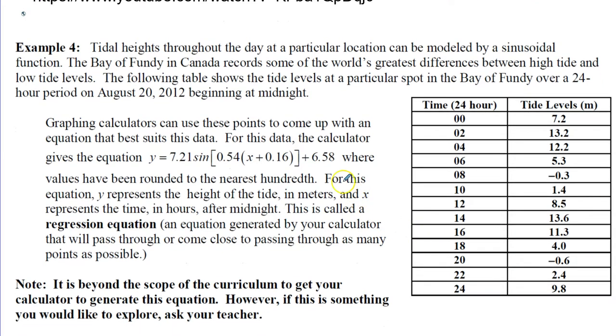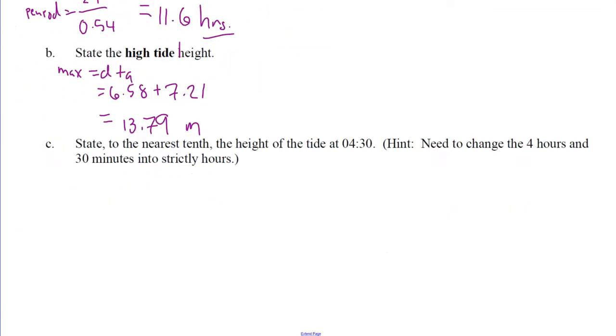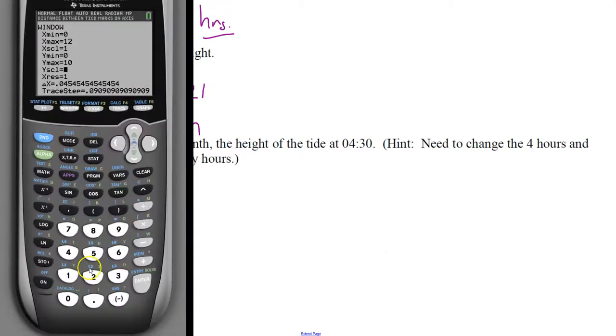So the minimum is going to be 6.5 minus 7 and change, and we can see that here in the table. So I am going to adjust my window accordingly. Y min, let's go -2, and let's go to 15. We could do that by ones. Let's graph it.